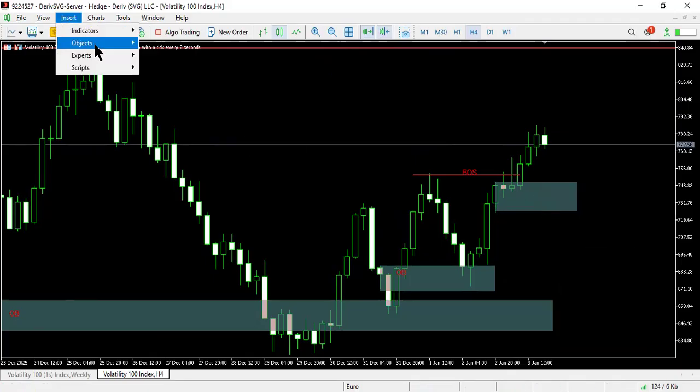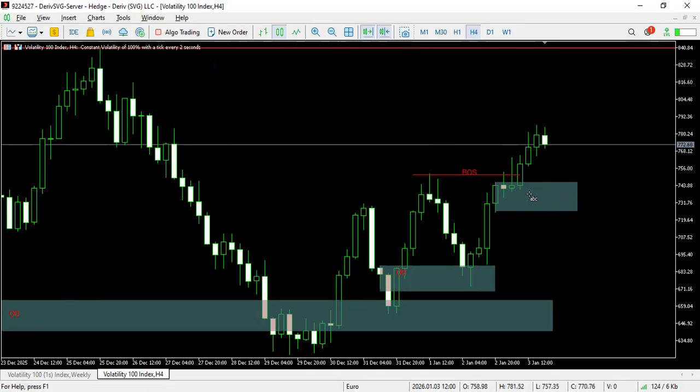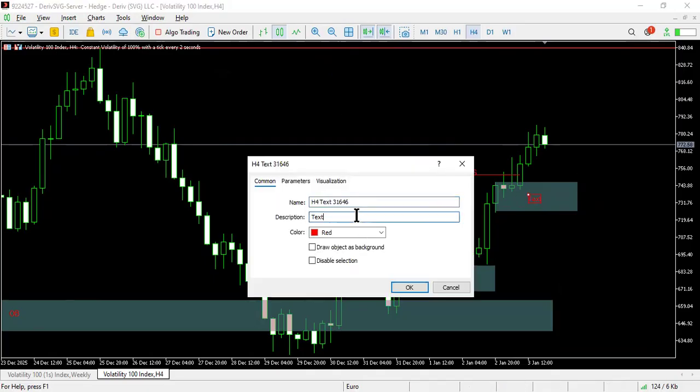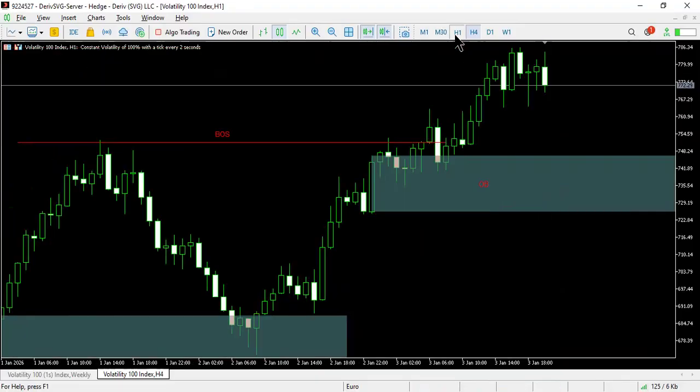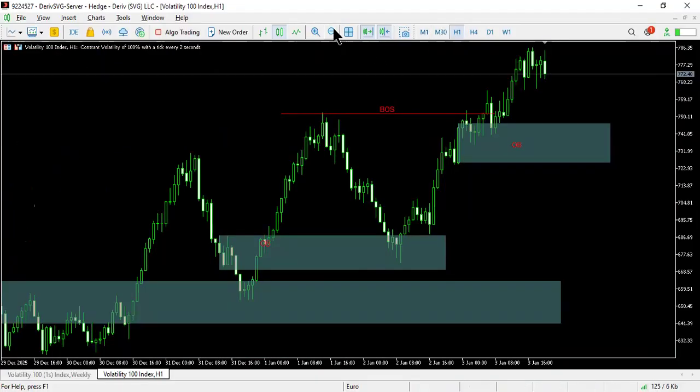So we are waiting for a retracement for price to come back and retest, because whenever price breaks a high, it always comes back for a retest or to mitigate that order block. So that was it from the 4 hours.